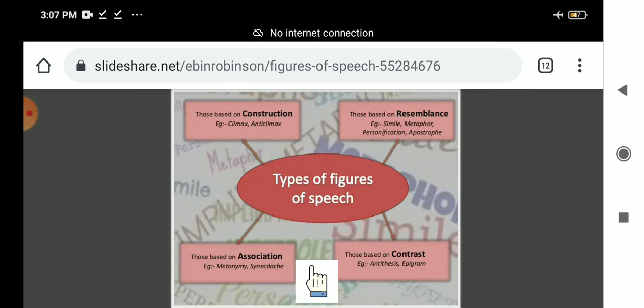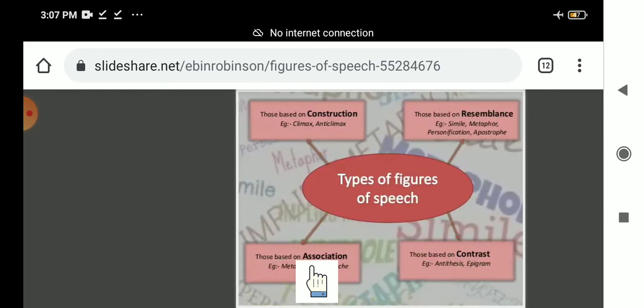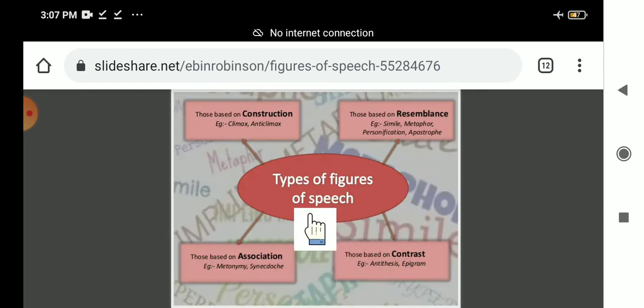Then comes another slide. See, the figures of speech are divided into many types. The first is construction, another is resemblance, another association and contrast. Those based on construction are called climax or anticlimax, those based on resemblance are called simile, metaphor, personification, apostrophe.